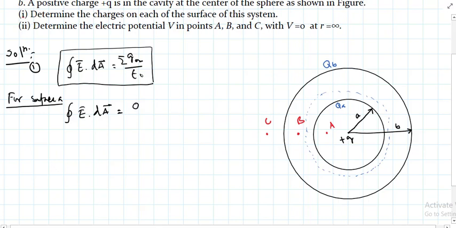That's why I write (Qa plus q) divided by epsilon naught. That must be equal to 0, since the electric field inside a conducting sphere is 0. The electric field will be 0 over here.